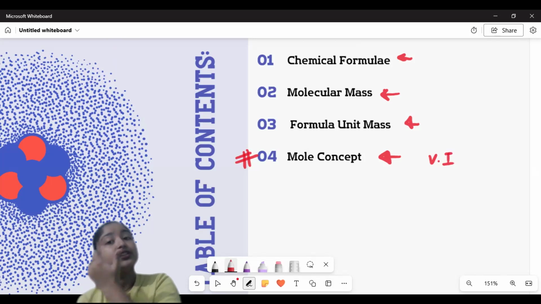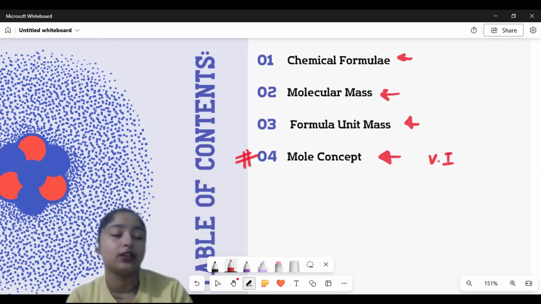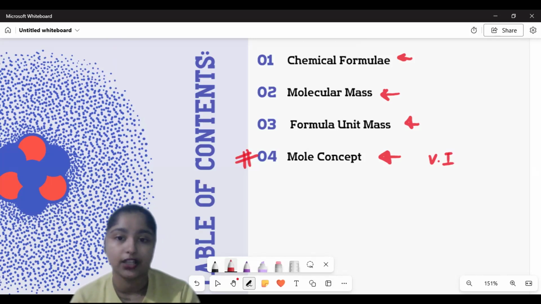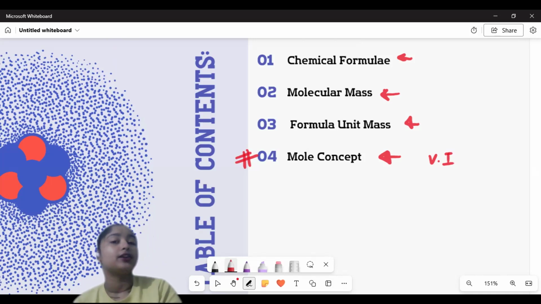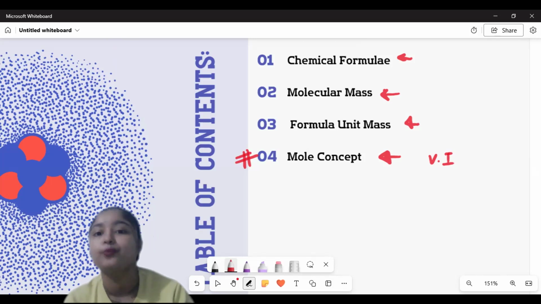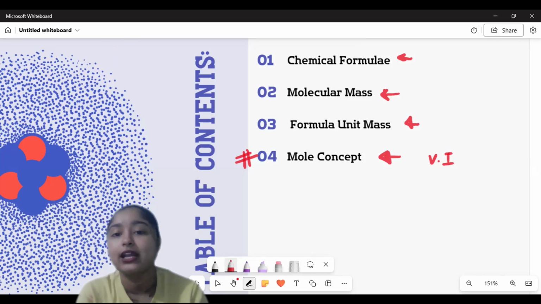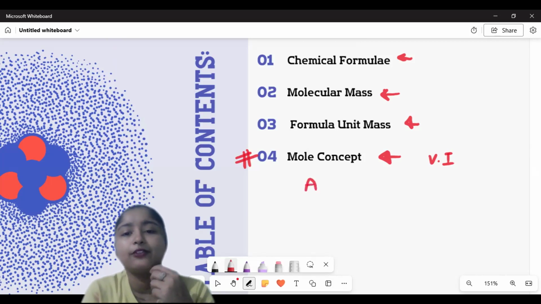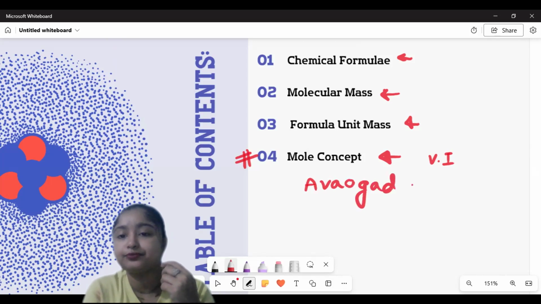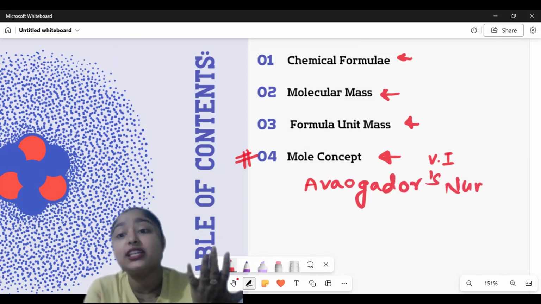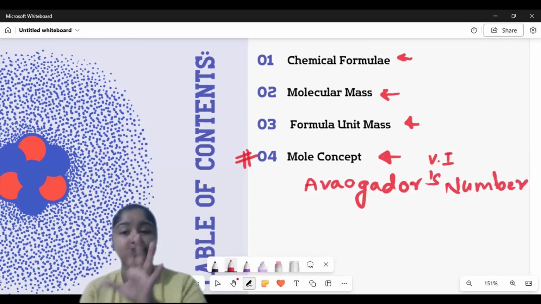Again, this is one topic in which you are not given a proper description in your book, but the questions and the concept are so important that everybody doing this chapter must know the mole concept. We will also do it. And there is a term called Avogadro's number. We'll understand what this number is, and its significance and use.